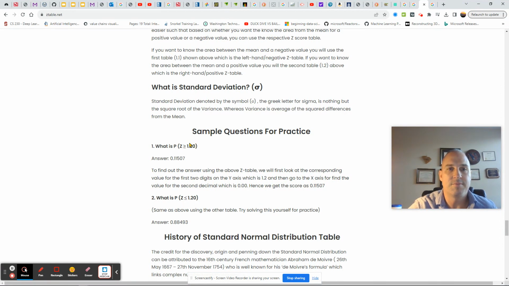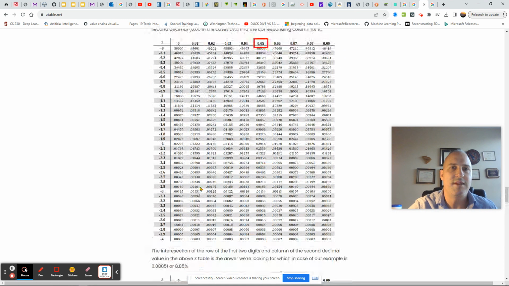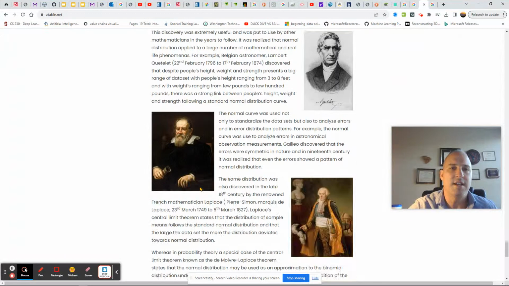You guys should be able to calculate this probability. Go ahead and practice this a little bit here, and then see if you can figure it out using those tables.